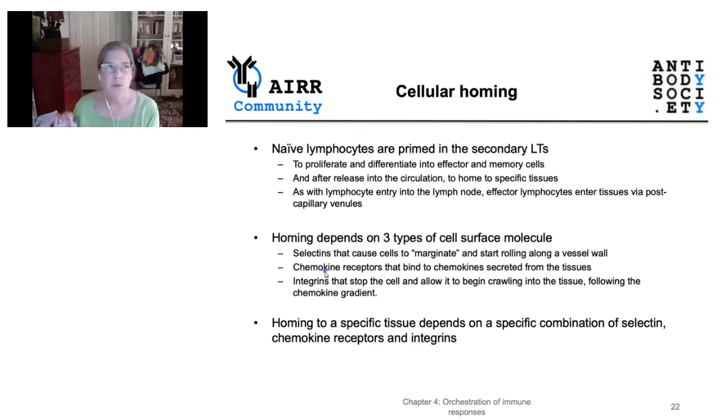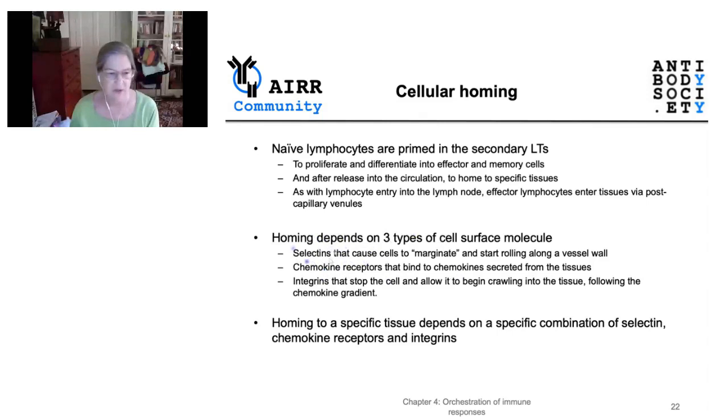And the reason why you have more steps is just like why you have signal 1, signal 2, signal 3, is because your immune system wants to be absolutely sure it's doing the right thing, and it wants to direct the response to some degree. So that's why with homing you have 3 types of interaction.